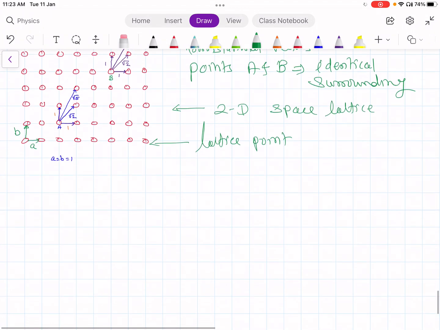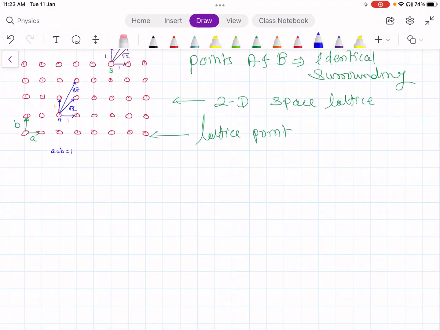Then I will go to the next important concept, which is atomic basis. As I said, space lattice is an imaginary concept, or it is a framework on which the actual crystal structure is based. Now we have to relate this space lattice with the actual atomic positions in the crystal structure, and to relate that, we have introduced the concept of atomic basis.